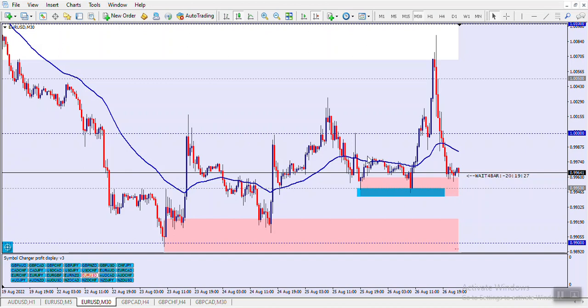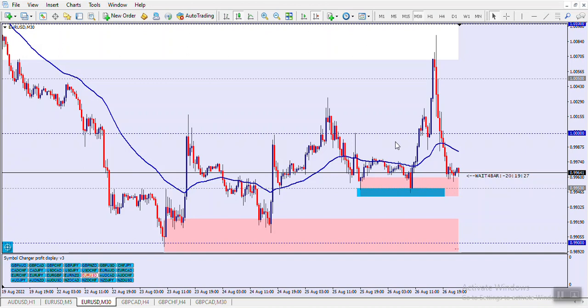So I will wait for price to come back to retest that zone for a buy. So I refined to this level because I want to reduce my stop loss, right? There are some cases where price will hit the stop loss, but just to reduce my stop loss, I refined to this level, and that's exactly where price got rejected from. That is the key level, and bought.